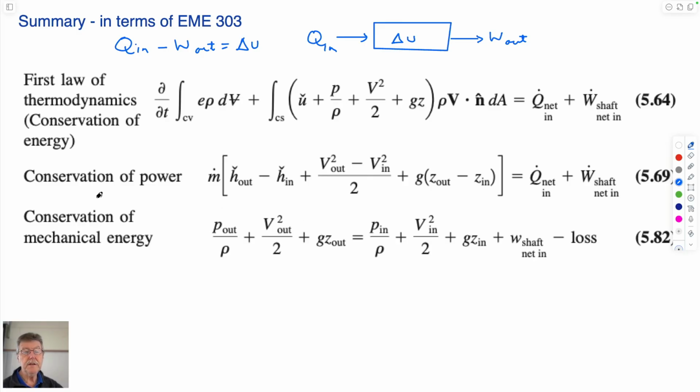It can be written as a one-dimensional problem, which is this, where the mass rate per unit mass, I think, is what's given here. This is enthalpy between in and out. This is velocity across the boundaries.